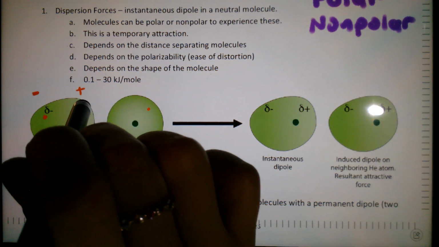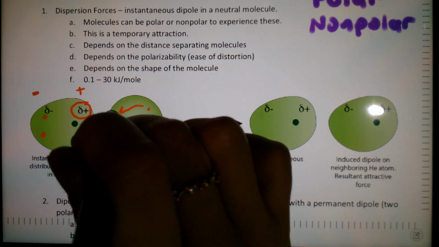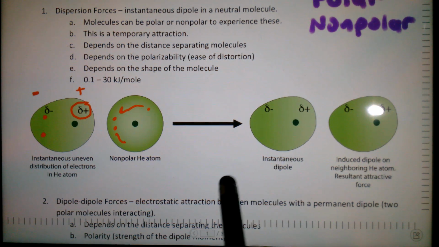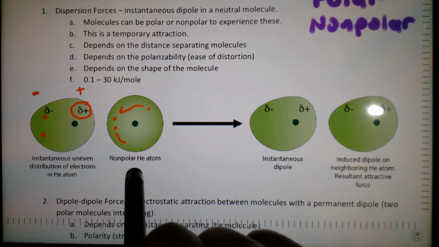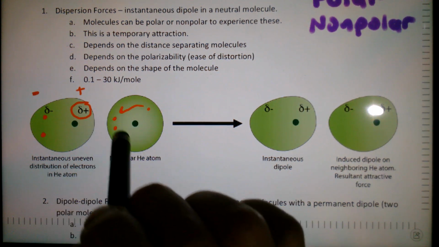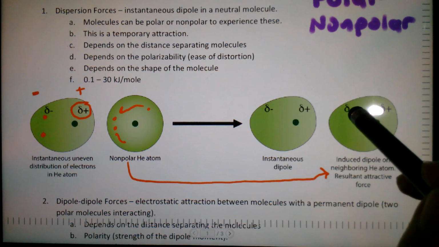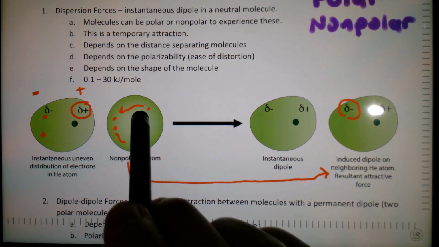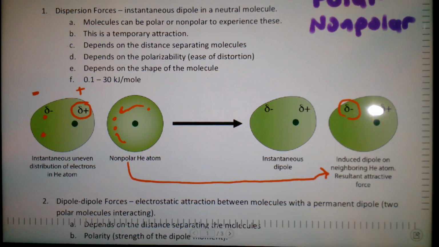Because this side has that slight positive, that's going to draw these electrons over here because of that positive charge. And what we get is then a dipole produced in this otherwise neutral one. So since these electrons are moving over on this side, we're going to end up with this here, where we have that partial negative that was created by this atom here when those electrons moved because they were slightly attracted to that positive charge here.